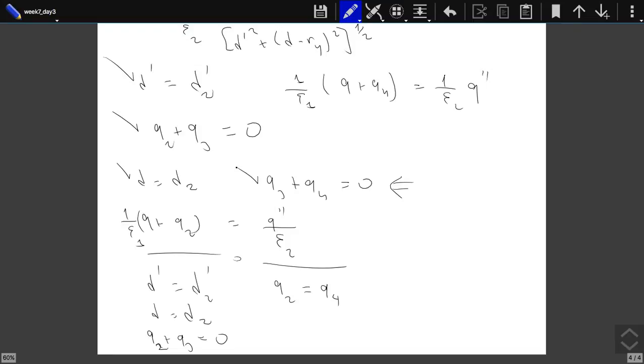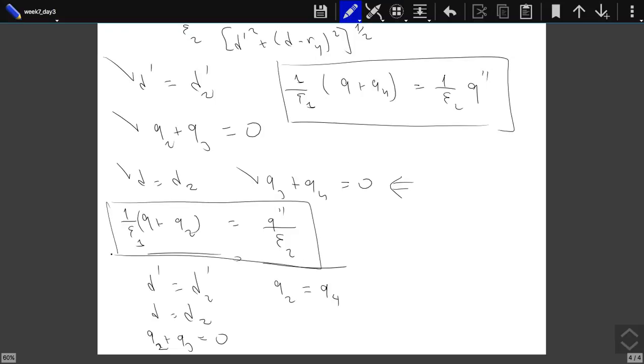So this is the equation we have. And if Q2 is equal to Q4, the equation here and the equation here are the same equations. And we have 1 over epsilon 1 (q plus q4) is equal to 1 over epsilon 2 q double prime.